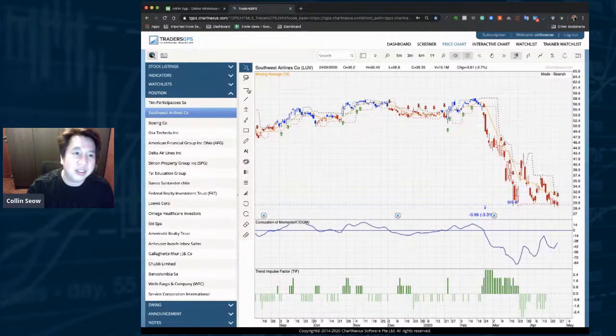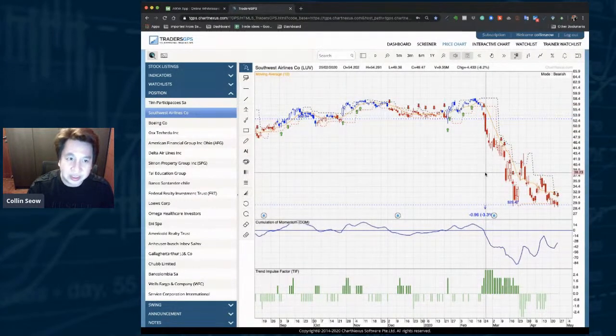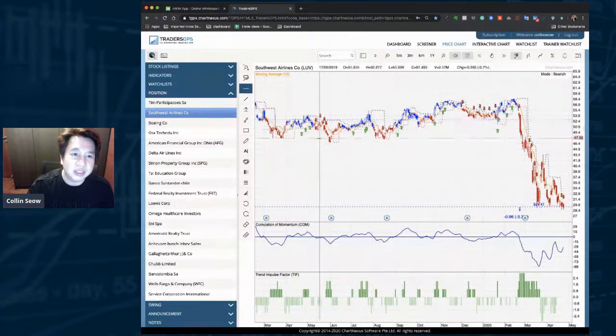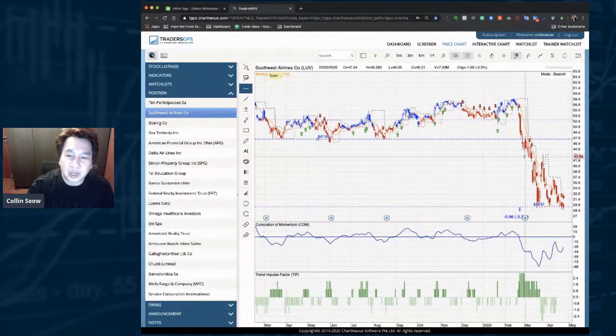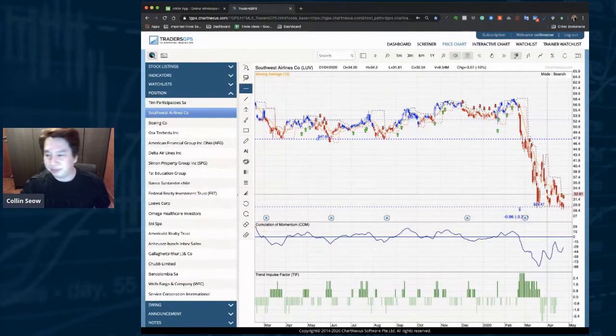Just like when it was here, last time this was a critical support. When it breaks, it can move down further. Or like the example when it's here, when it breaks, it can move down further. So right now, this area here is a critical support.